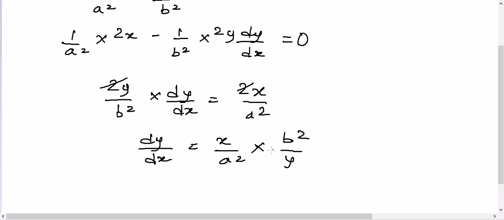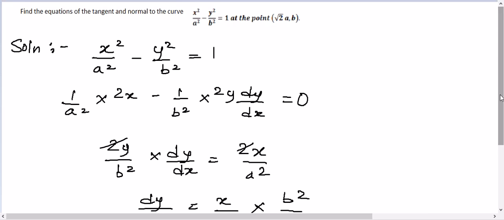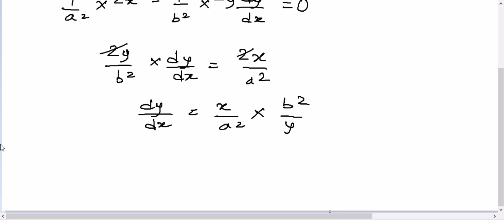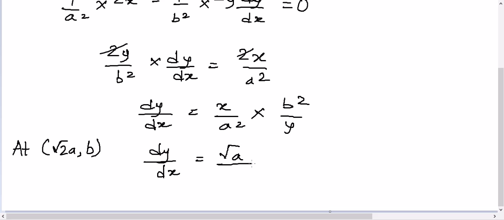Moving forward, dy by dx is x by a square into b square over y. In the question we have been given the point under root 2a and b, so x is under root 2a, and y is b.